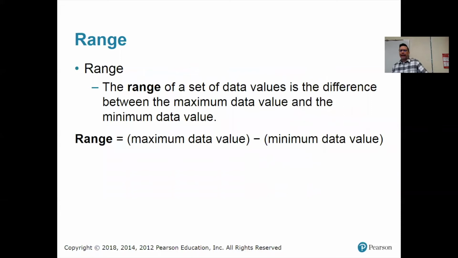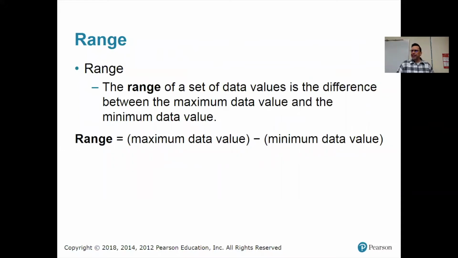Okay, so your range is just the maximum minus the minimum. What a measure of variation is supposed to do, something they could have talked about under the key concept, is tell how spread out your data are. Are they all over the map or are they within just a few points of each other?